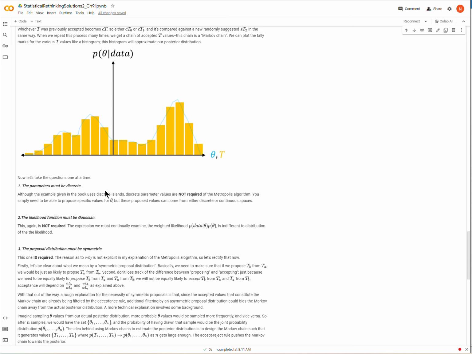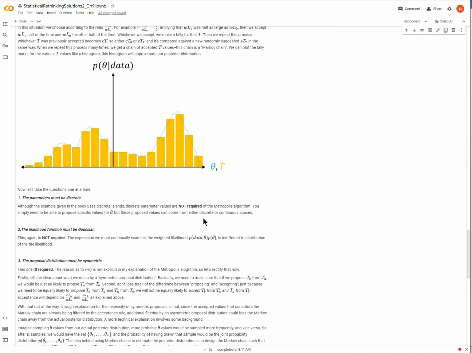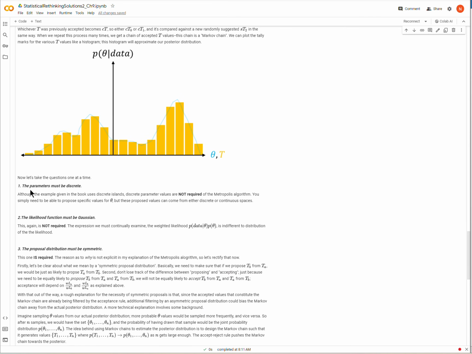Okay, so now let's go through the actual question, which is we have to identify which, if any of these, are requirements for the Metropolis algorithm. Okay, so the first one is the parameters must be discrete. Now in the book, the example that's given is this king jumping from island to island. Each island represents a parameter value, and those parameter values, being islands, are discrete.